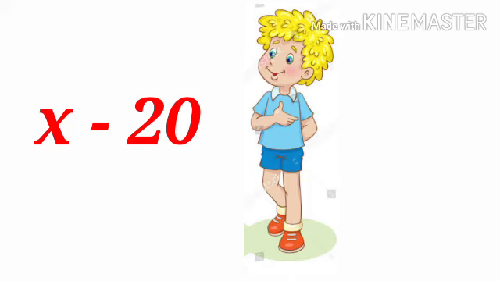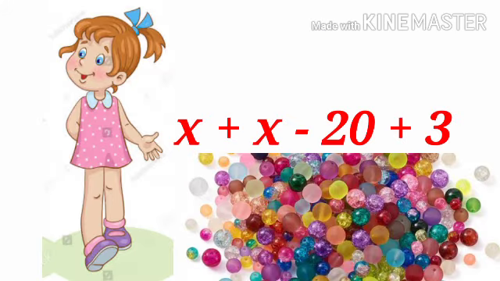So Aravind has got x minus 20 beads, while Kavita is said to have 3 beads more than Kannan and Aravind together have. So the number of beads that Kavita has is given by x, the number of beads Kannan has, plus x minus 20, the number of beads that Aravind has, and finally plus 3. The number of beads that Kavita has is given by x plus x minus 20 plus 3.